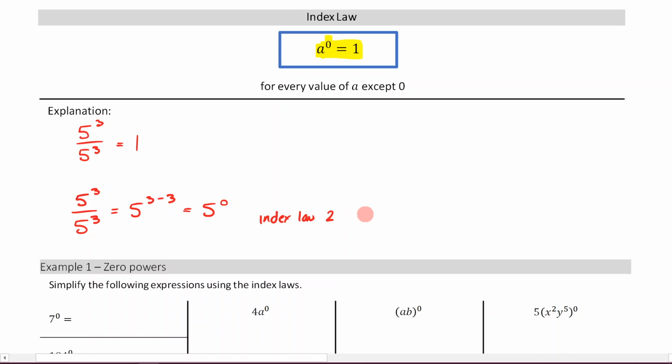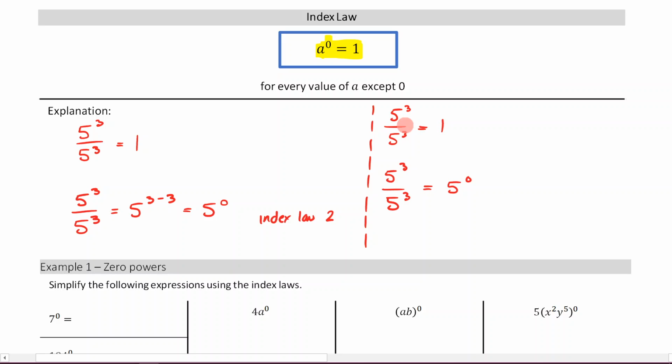Okay, so this is very important now. Let's just draw a little partition here. We have said 2 statements here. We have said 5 to the 3 over 5 to the 3 is equal to 1, and we have also said 5 to the 3 over 5 to the 3 is equal to 5 to the 0. So both of these statements are true.